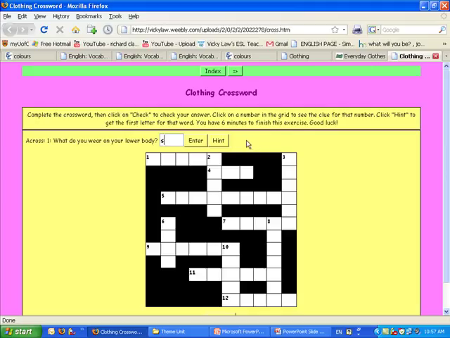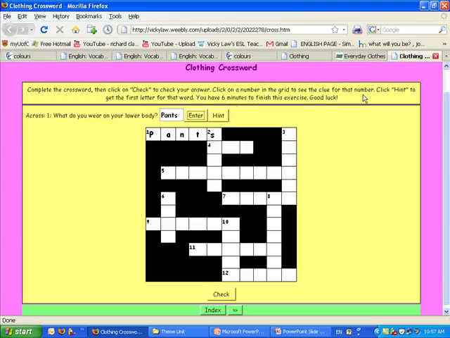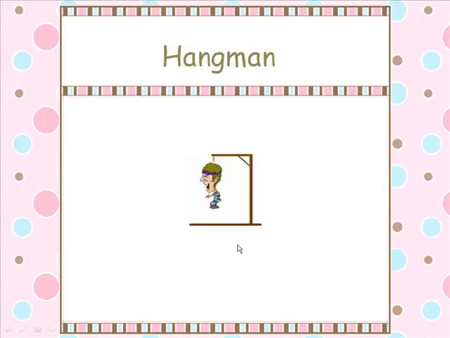If they put S, they're not sure, they can see the hint. Oh, that's P, starts with P. Then they'll know it's pants. So you click enter, that's correct. Students have 6 minutes to finish this exercise. If you don't have a computer lab, you can do it in the class.